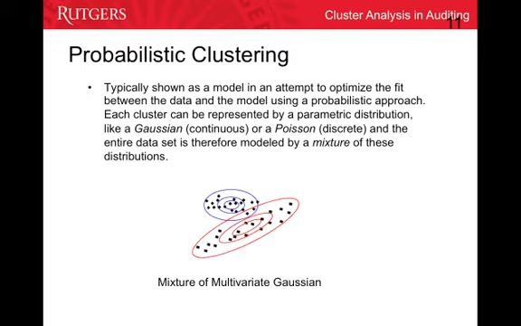Another clustering method is the probabilistic clustering method, which typically fits a model in an attempt to optimize the fit between the data and the model using a probabilistic approach. Each cluster can be represented by a parametric distribution like a Gaussian or Poisson, and the entire dataset is therefore modeled by a mixture of these distributions.